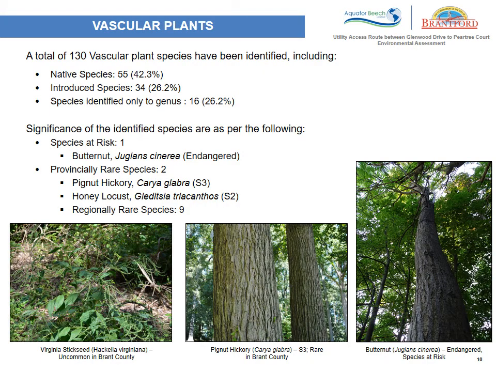The vascular plants were identified within the study area, including 55 different native species and 34 distinct introduced or invasive species. There are both species at risk, specifically the butternut, as well as provincially rare species within the valley setting.